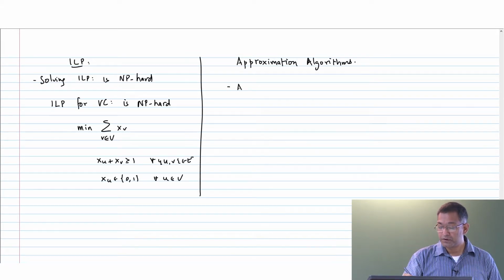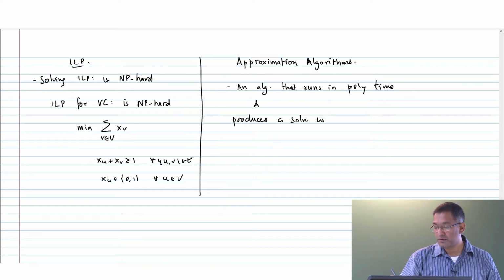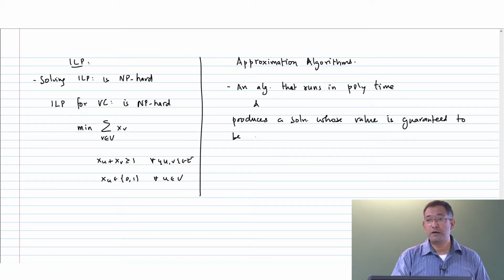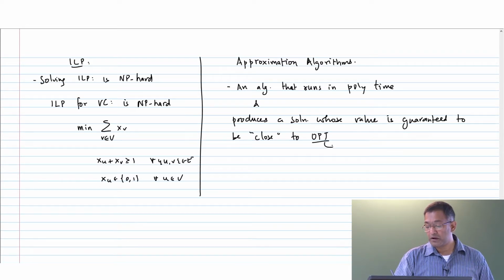So, an algorithm that runs in poly time and produces a solution whose value is guaranteed to be close to opt, which is the optimal solution.